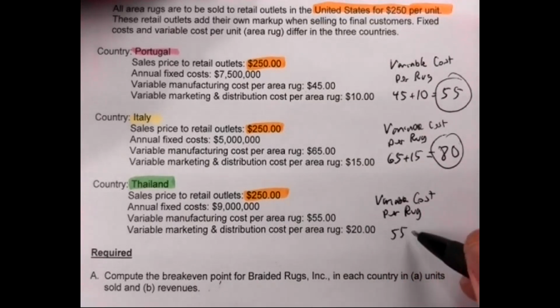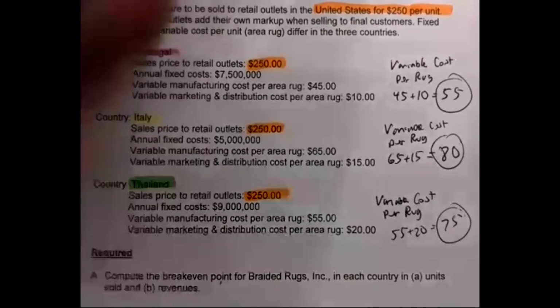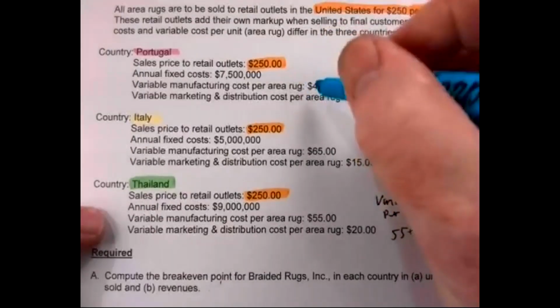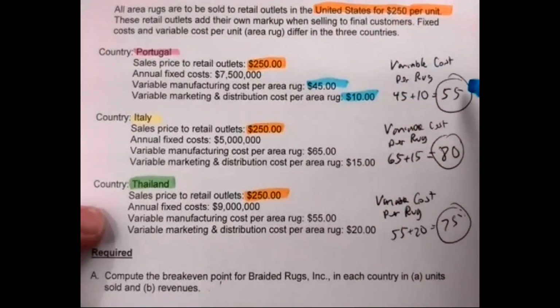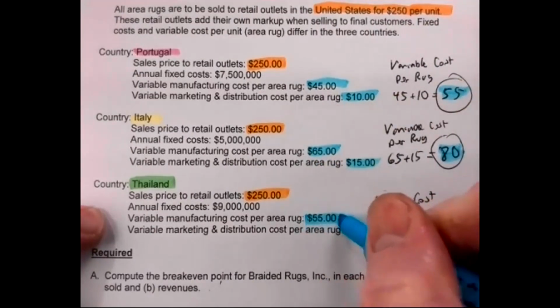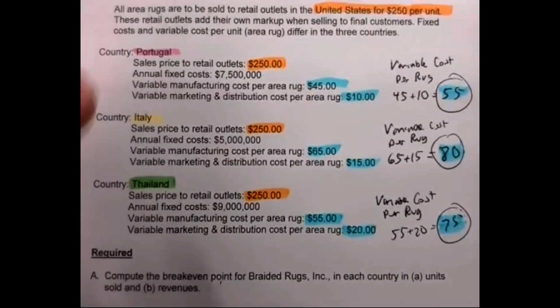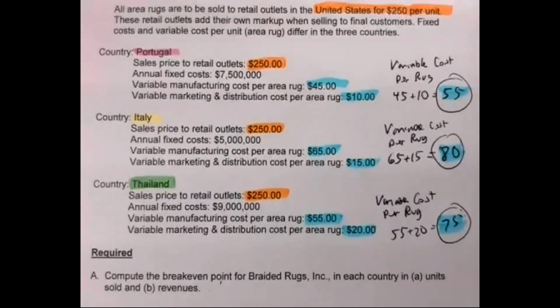And 55 plus 20 is 75. Okay, so all I did is take the 2 variable costs and add them. These are both variable costs. You could leave them separate, but it just makes it a more difficult problem to solve for.